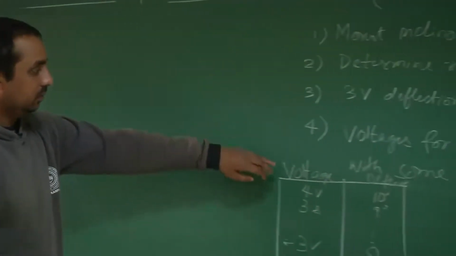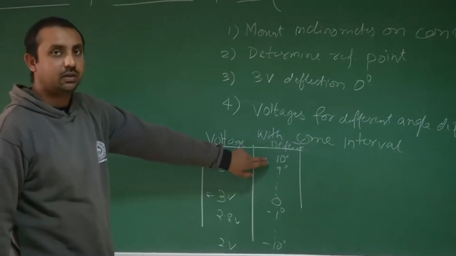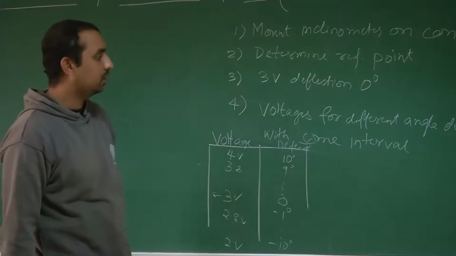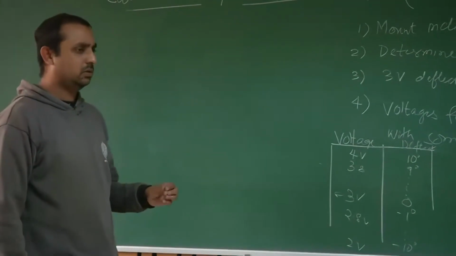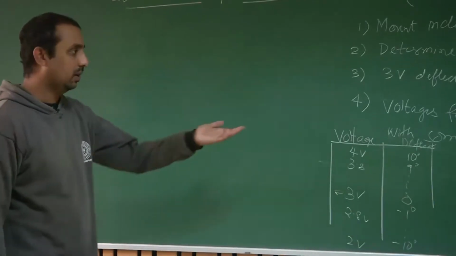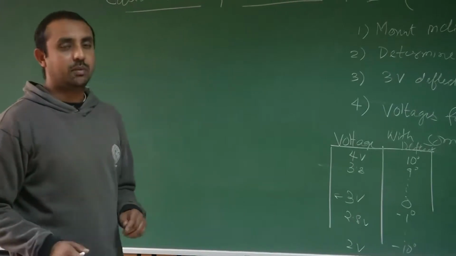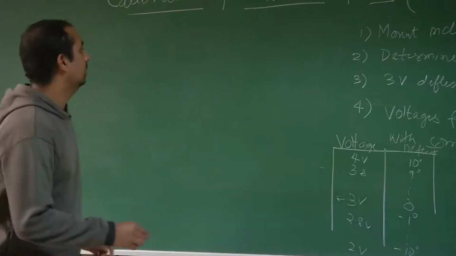We don't know the deflection of the control surface. These were the readings which we determined using the digital inclinometer and a analog inclinometer. Suppose we don't have any of that, and suppose the control surface is too small to mount that inclinometer. Then in that case, there is an approximate way to determine the angle of deflection.